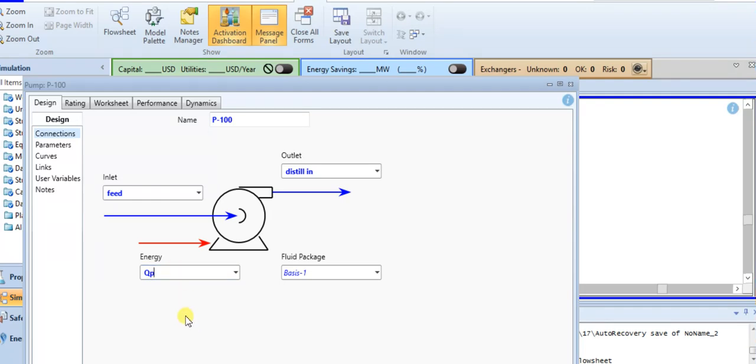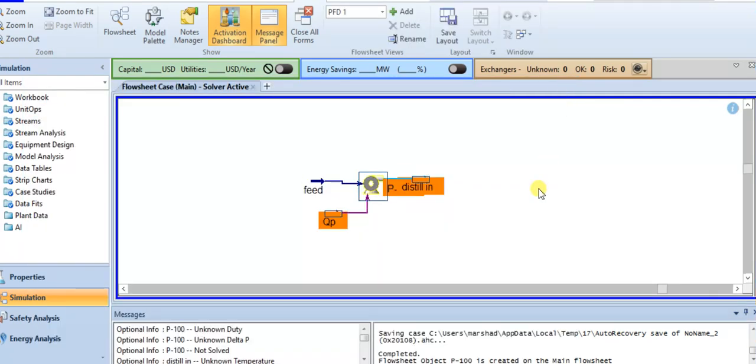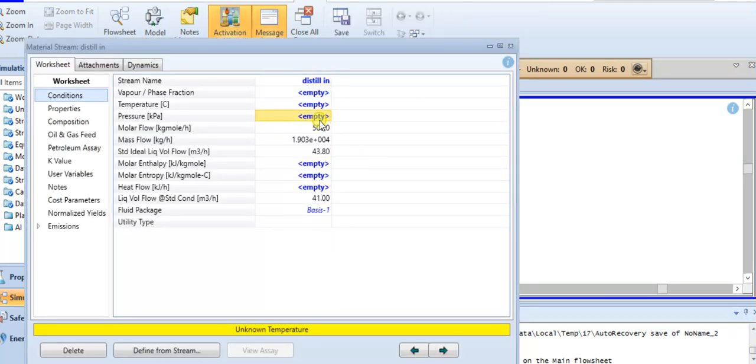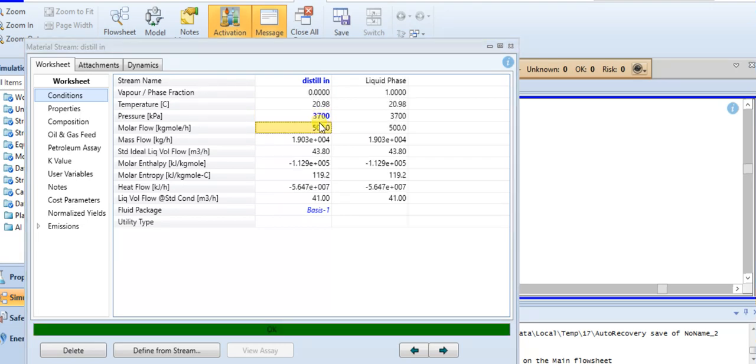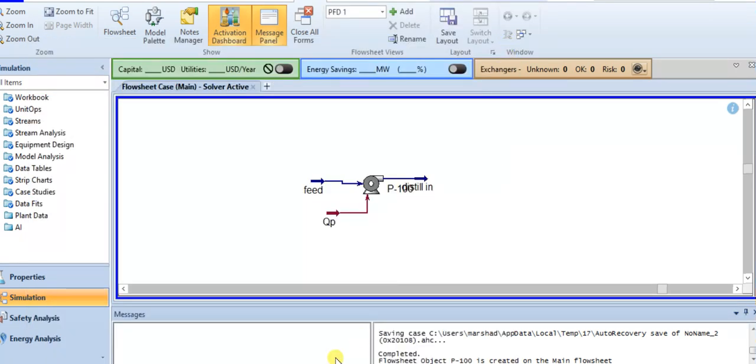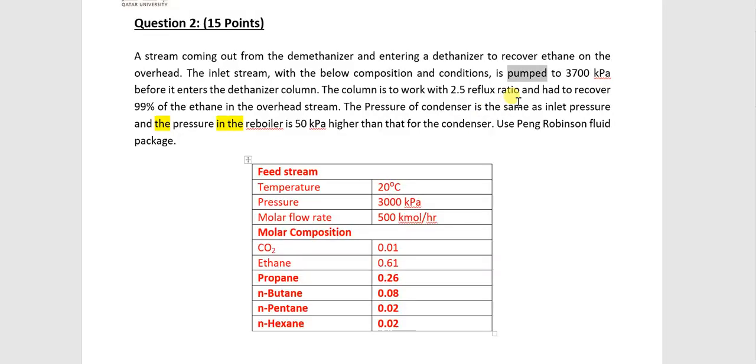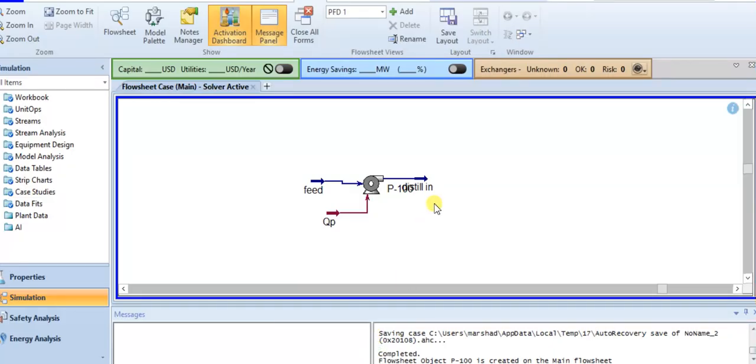Then what do we need? We need the pressure here: 3700 kilopascal, isn't it? So this is working. Now this will go to the distillation column.